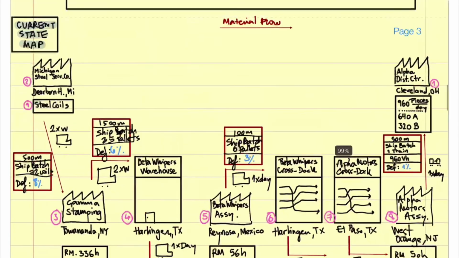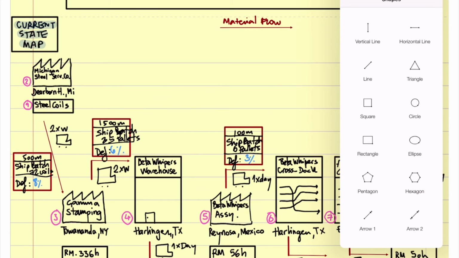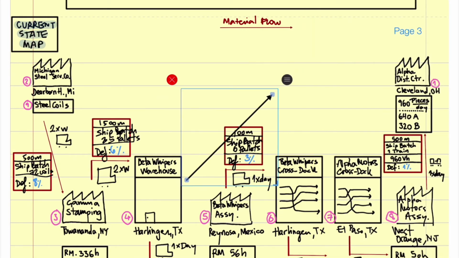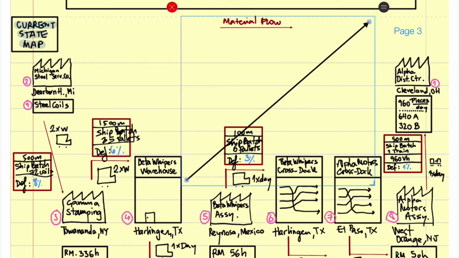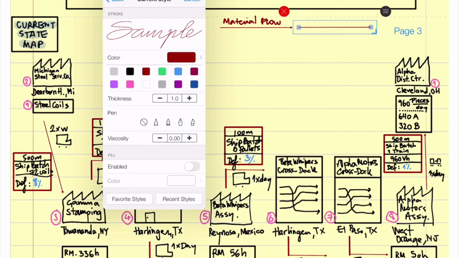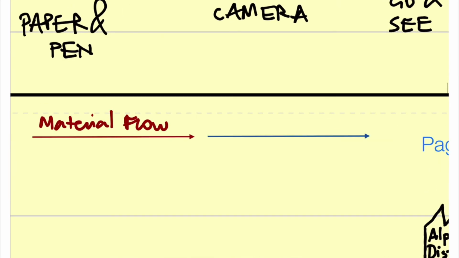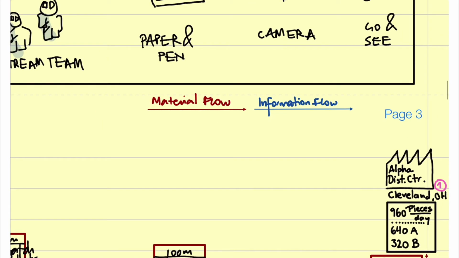I'm going to paint it now with a different color. To have it similar, I will paint it in blue now. Always remember, for your future life in business, information flow leads material flow.